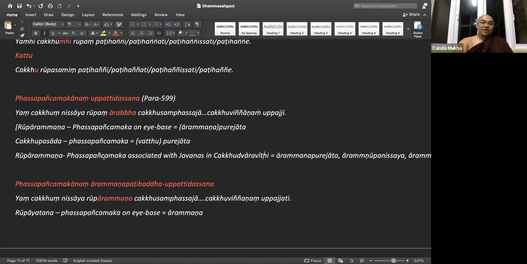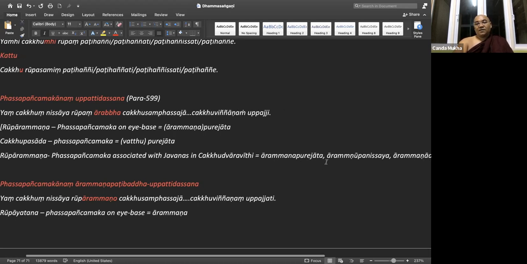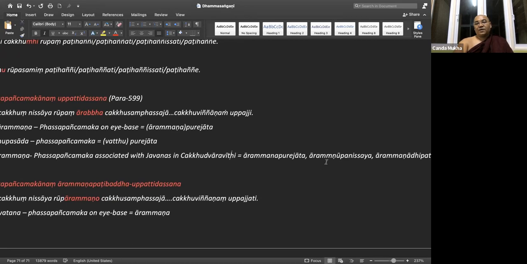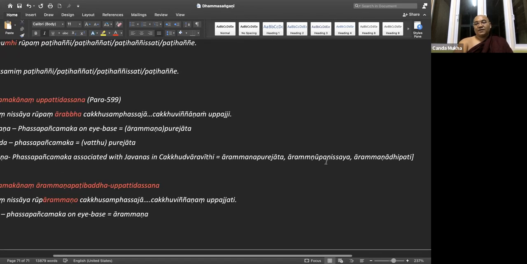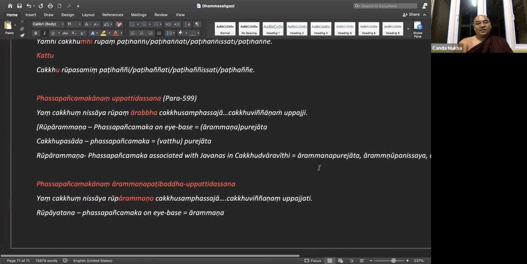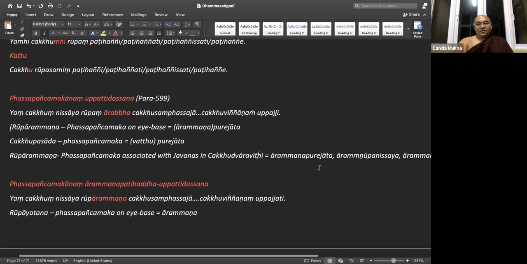The dhammas associated with the Javanas in the eye-door thought process are conditioned by what? By means of Arammana Purejata, as well as Arammana Upanissaya and Arammanadhipati. So three Paccayas should be taken. This way is very important for us to remember.